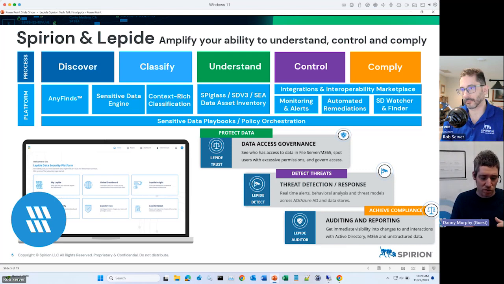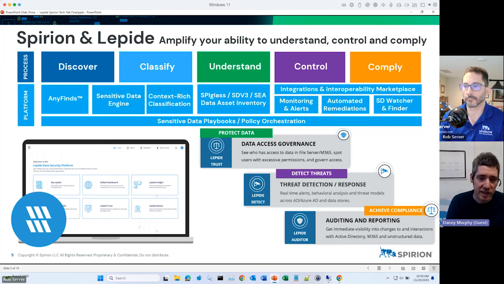So being able to lock down or disable user accounts, quarantine the data, and make the data unavailable in these situations, we should be able to do that in real time.